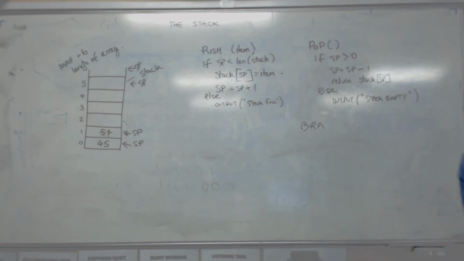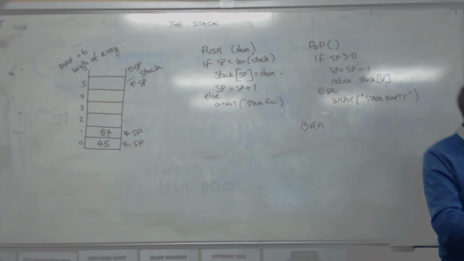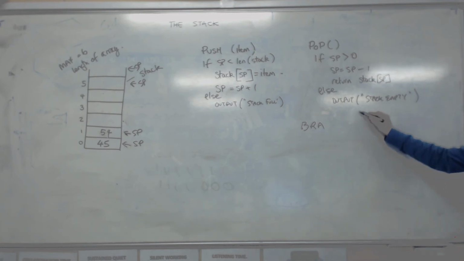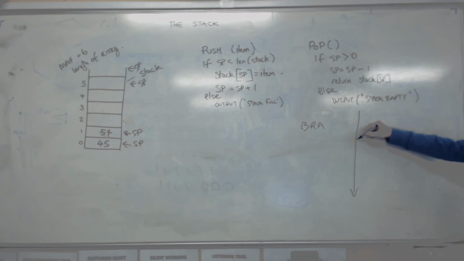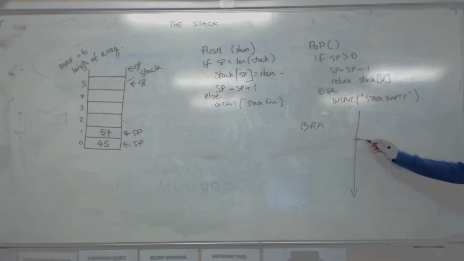If we want to call a procedure or a function, and we've got a block of code that we want to execute, at this point, we might want to call a function. So we need to change the program counter to point to that function. But when it's finished, we want to come back to the next location in sequence.